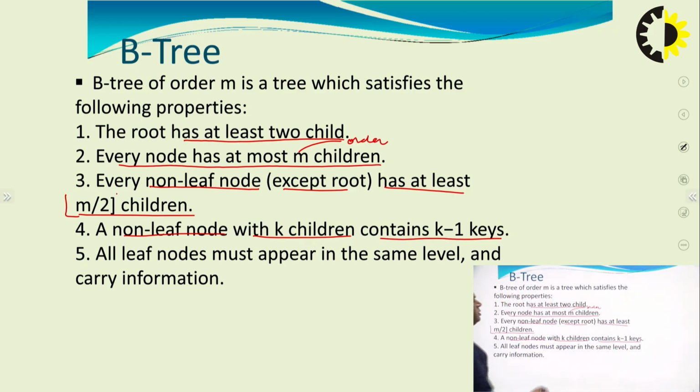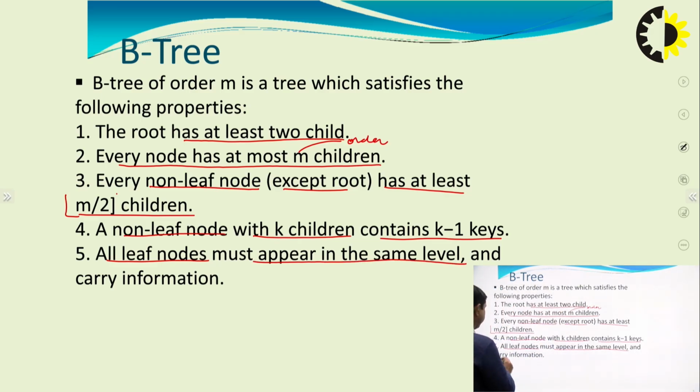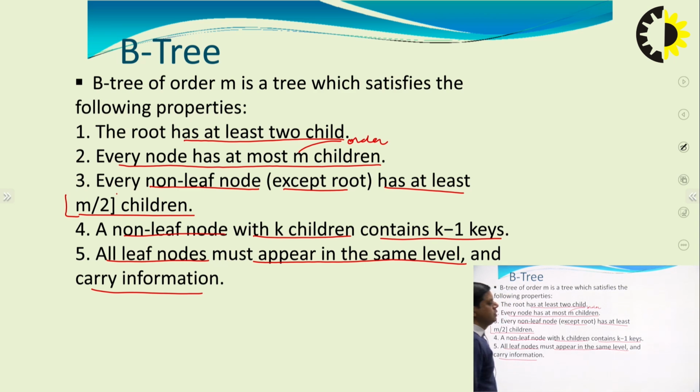That is, if it has k children, then the maximum keys will always be k minus 1. All leaf nodes, also called terminal nodes, must appear at the same level and carry information. That means all the terminal nodes, all the leaf nodes, must be at the same level, or you can say at the bottom level.